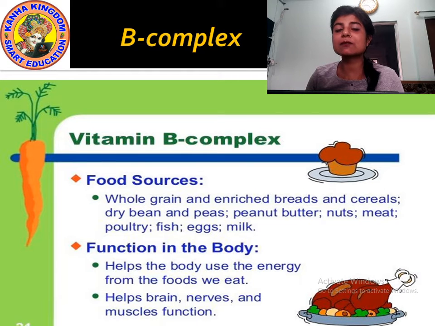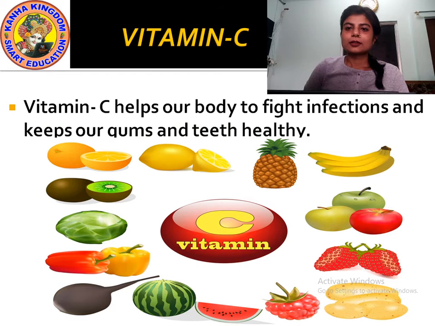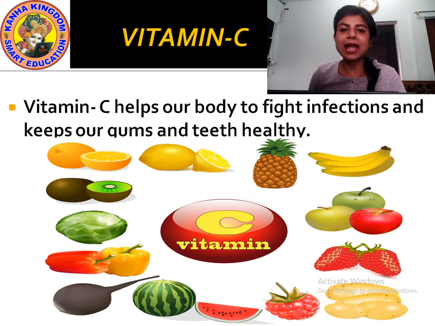Why do we need to eat vitamin C? So students, this vitamin C helps our body to fight infections and keeps our gums and teeth healthy. What does this vitamin C do?